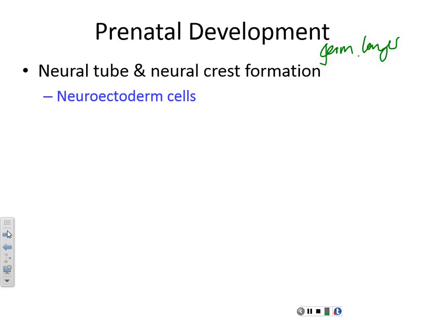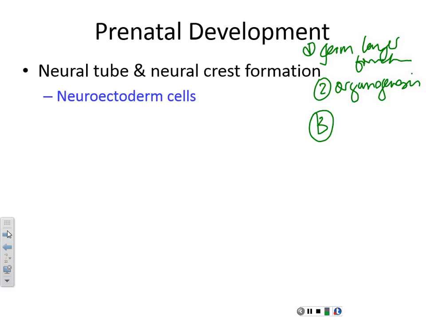Don't say I didn't tell you. Of the whole gestation period, these are the three things going on. One is germ layer formation. Two is organ formation, organogenesis.